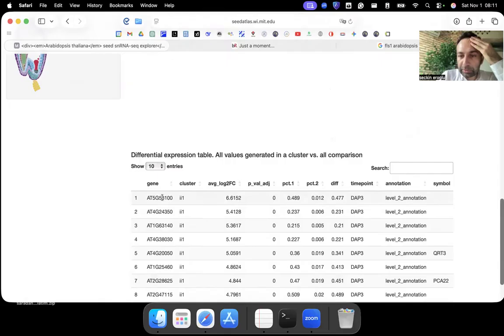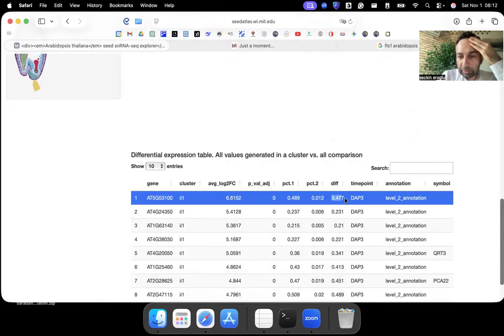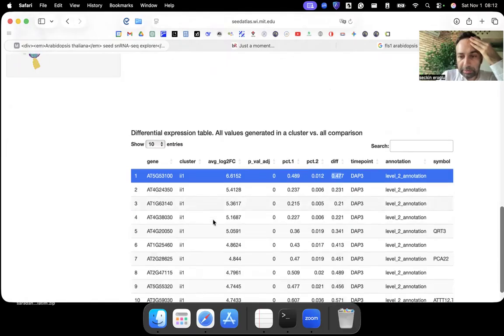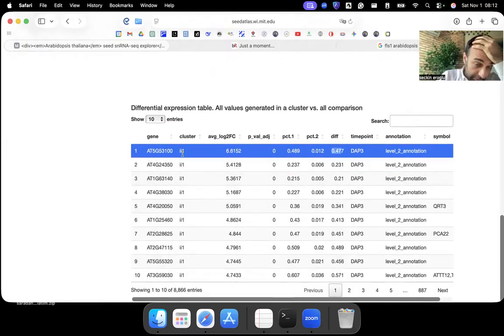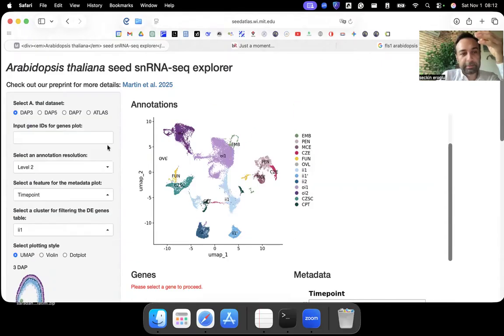For example, this gene's expression is much more different. This is the highest. So this is the gene that's expressed most distinctly at 3 DAP.